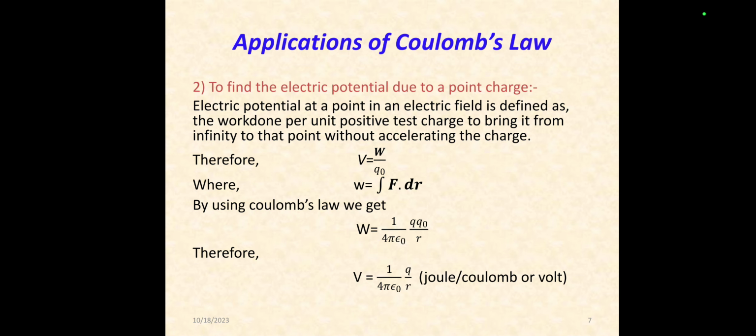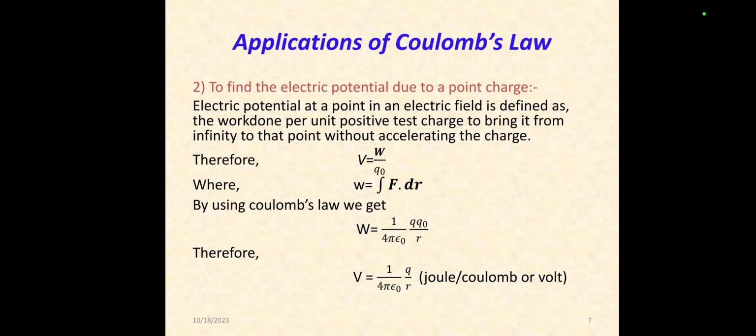Therefore V, that means electric potential, is equal to work done W upon Q naught, work done per unit positive test charge. So V is the electric potential, W means work done, and Q naught is the positive test charge, where W is equal to integral F dot dr, that is the work done.